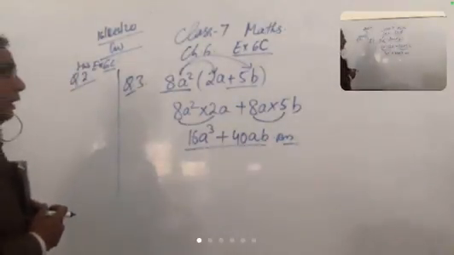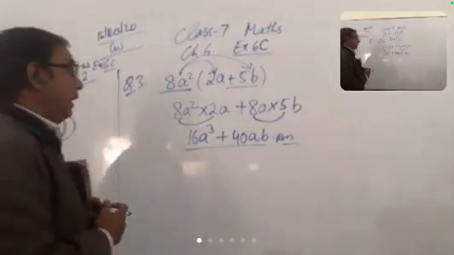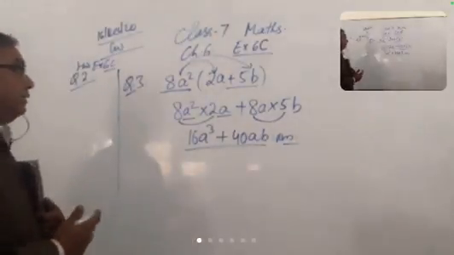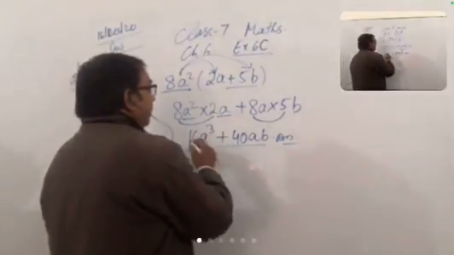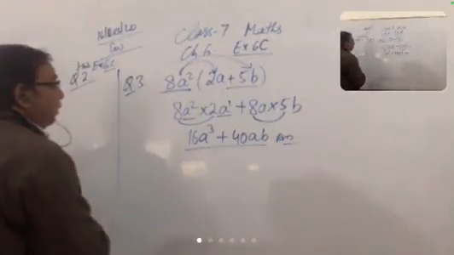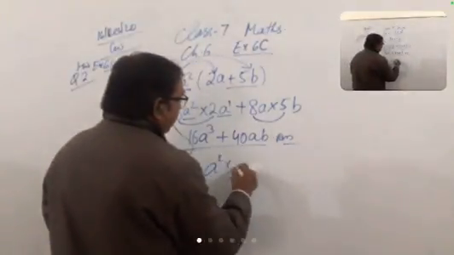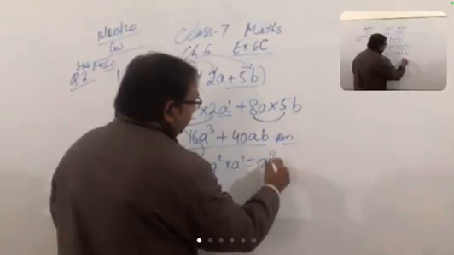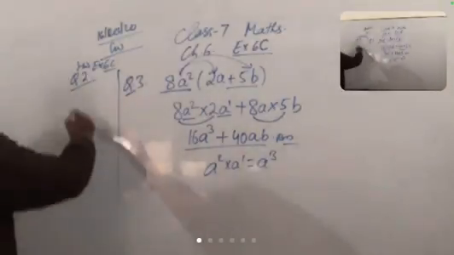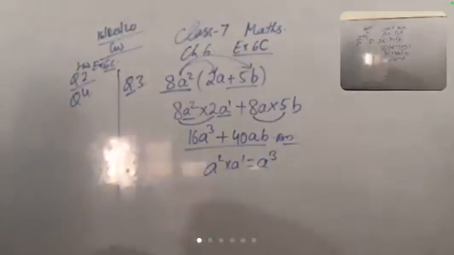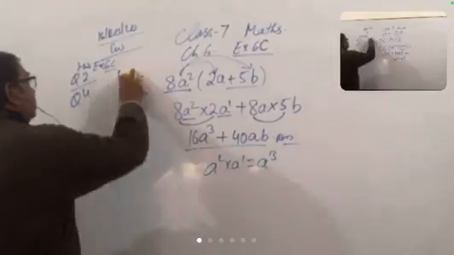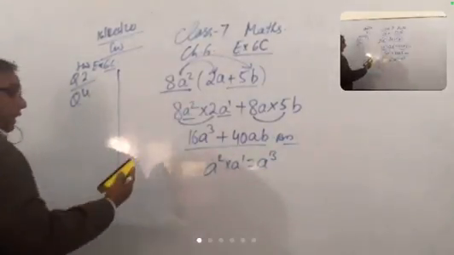Because a and b are unlike variables, and in the first part a square into a, this is like, so you can increase the count with the power, like a with the power 2 multiplied by a with the power 1 is equal to a with the power 3 or a cube. Mark question number 4 as homework. Now any doubt or clear?